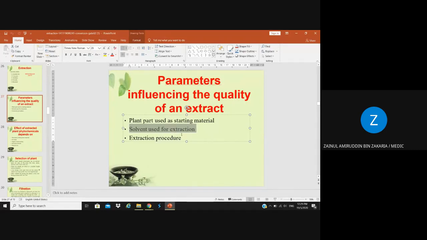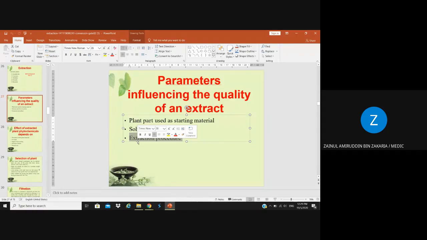And then the extraction procedure will also affect the quality, whether you leave the plant's extraction for 3 days or 1 day or 1 hour, for example. That will also determine the quality of the extract.